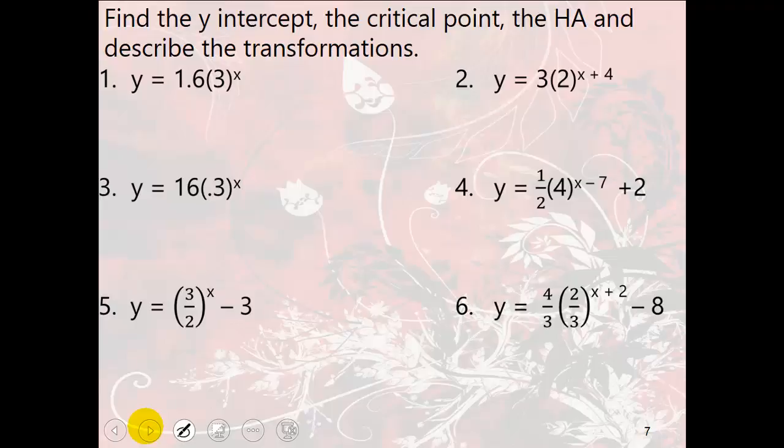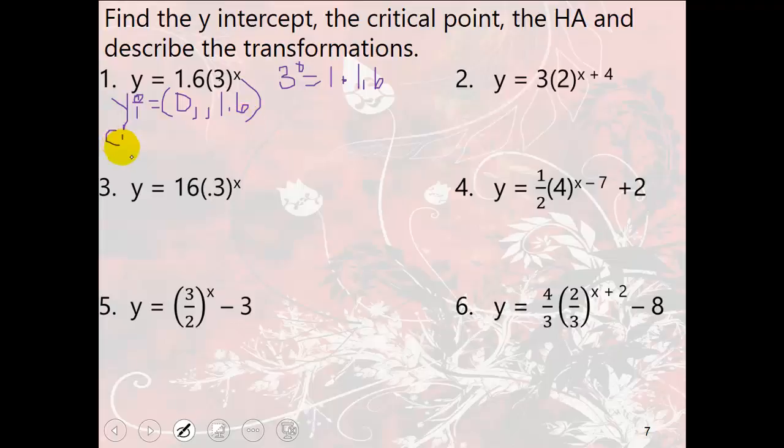We have y equals 1.6 times 3 to the x. So my y-intercept, I have to plug in a 0 for x. So if I go 3 to the 0, that's 1. And 1 times 1.6, well, that's just 1.6.